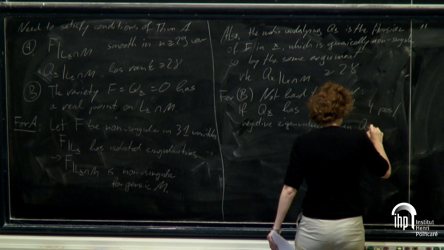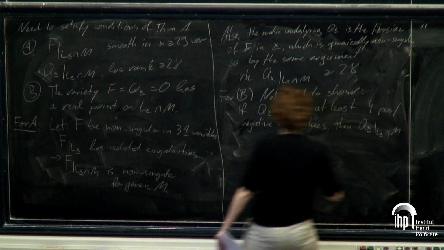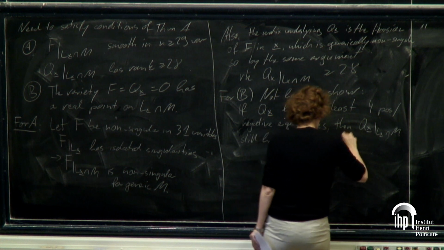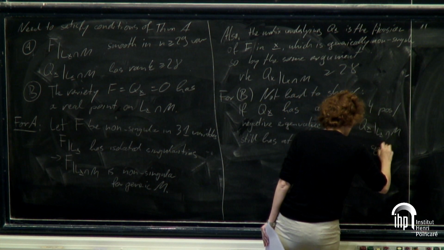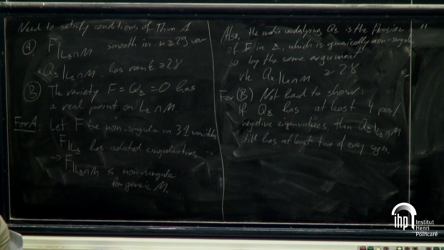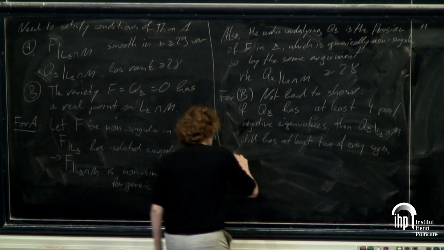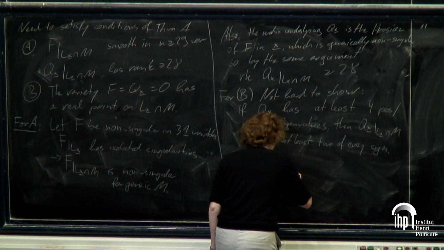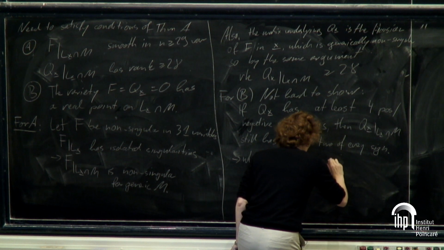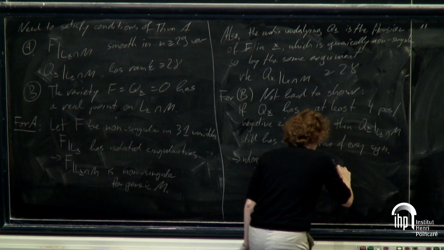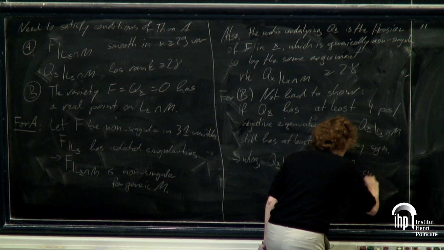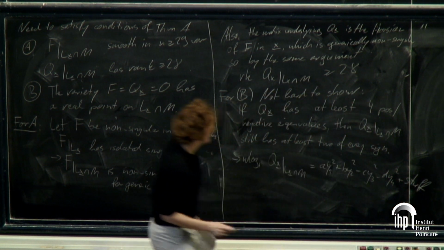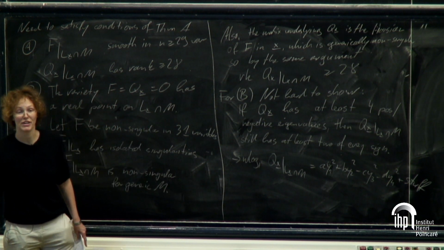Then without loss of generality, if you write it down, you get this kind of structure, and you clearly get a real line on that.